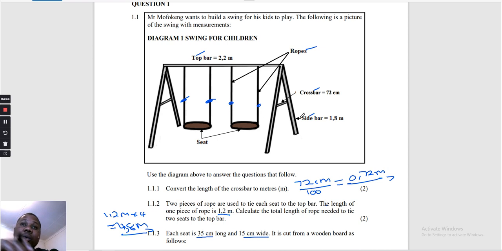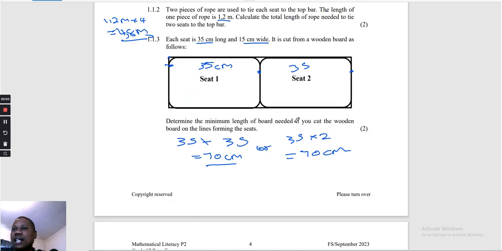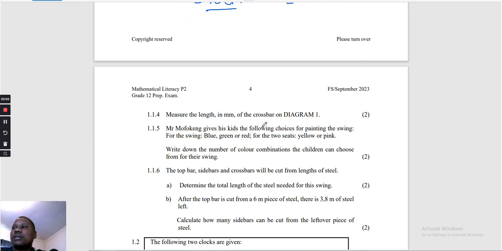The functioning ruler has clear numbers. So you're just going to take your ruler and measure from this point to this point in millimeters. Remember, the ruler has centimeters and millimeters, so you're going to use the millimeters. Right, we leave that one.